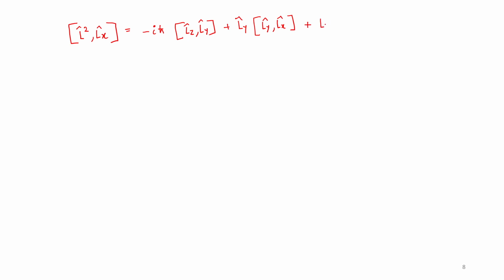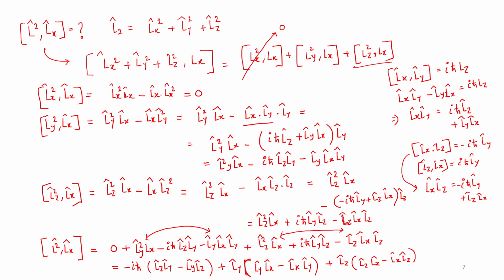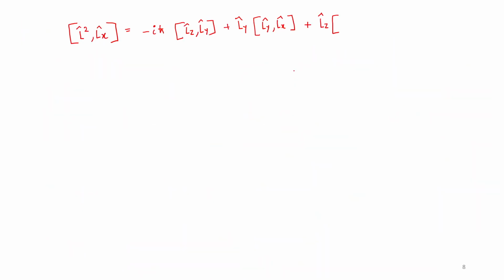Now next we got Lz Lx and Lx Lz. So Lz comma Lx. These are all commutators, not third brackets. Okay.